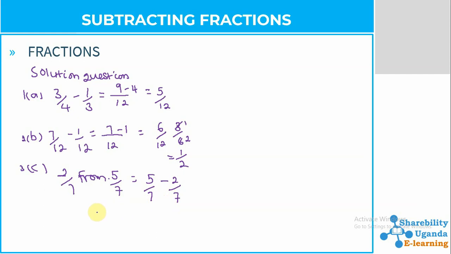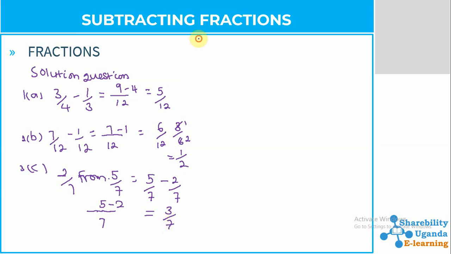Now we get our LCM, which is 7. 7 divided by 7 we get 1, times 5, 5, minus 2. So our answer here is going to be 3 out of 7.